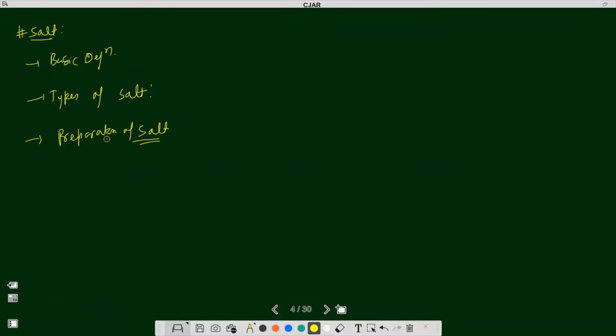Salt part. Only one thing is left: laboratory preparation of salts. The first one is FeCl3.